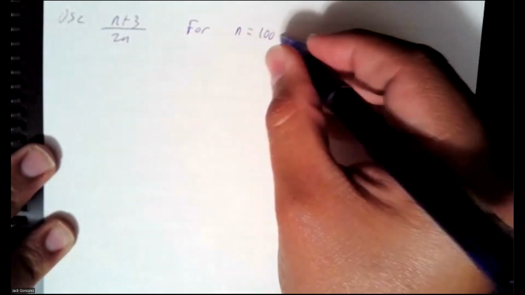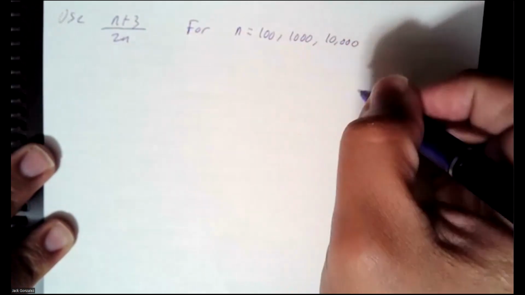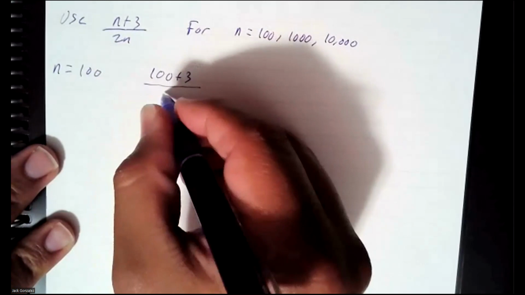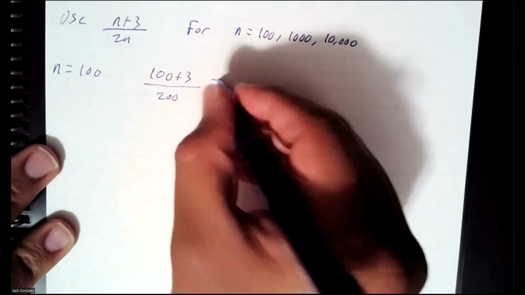Yes. Okay. n plus 3 over 2n. So use n plus 3 over 2n for n equal to 100, 1,000, and 10,000. So n equal 100 would simply be 100 plus 3 over 200, right?